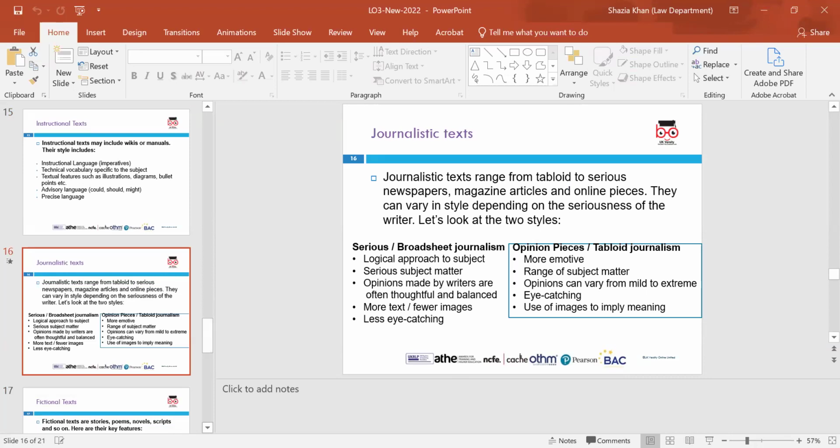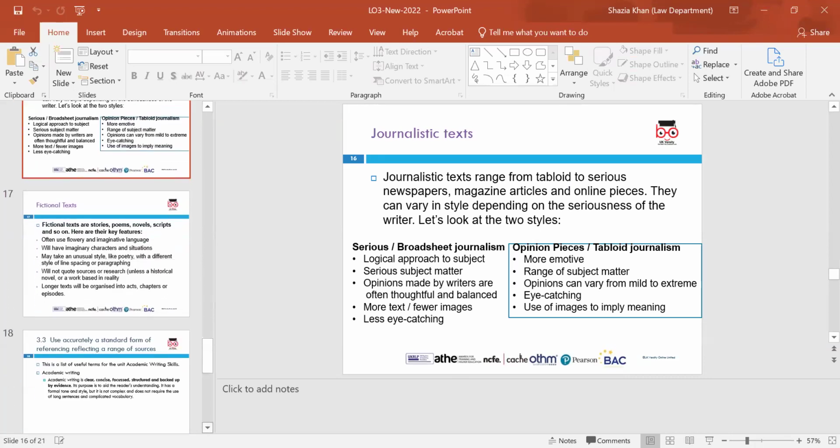We then went on to look at journalistic texts, and these are things like tabloids. So you could have more serious ones and you can have opinion-based ones.